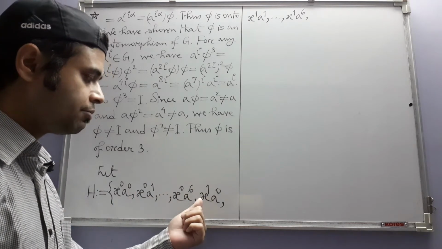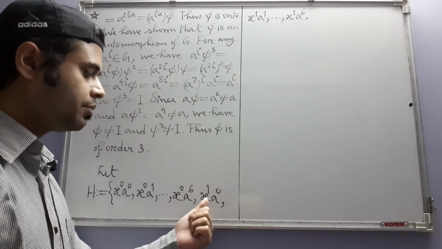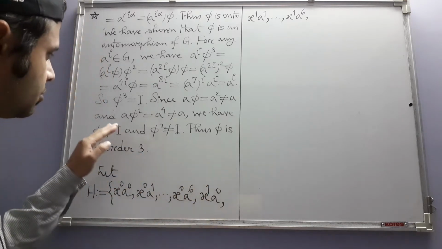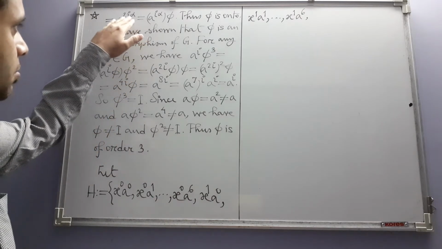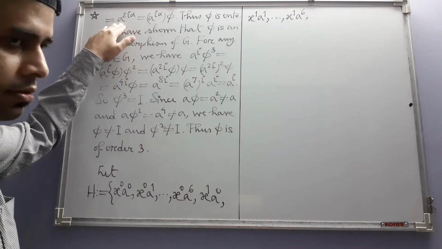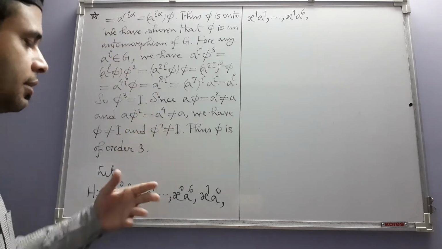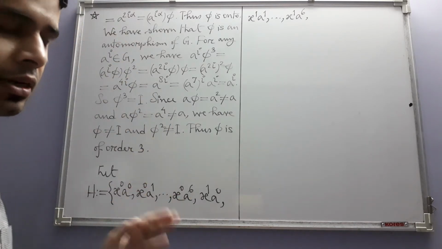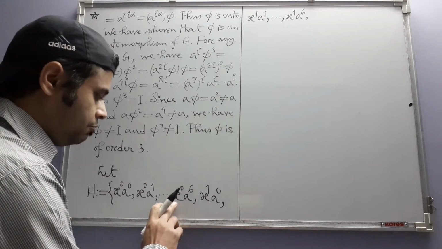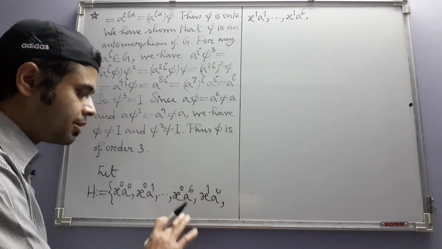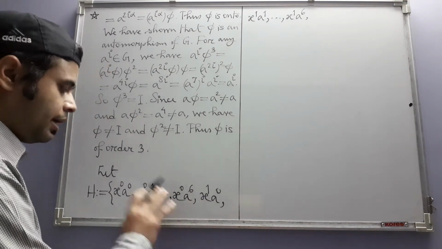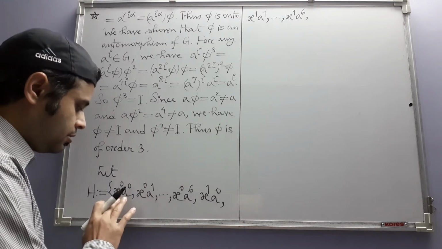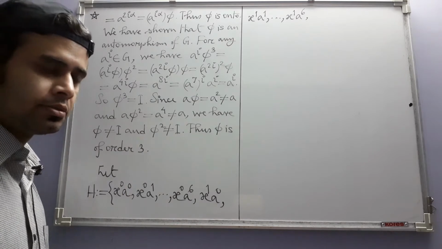We don't have any separate meaning attached to X or A. You can say, of course, A is the generator of the cyclic group, but we are not attaching any separate meaning to X. X, for now at least, for us is a part of these symbols.